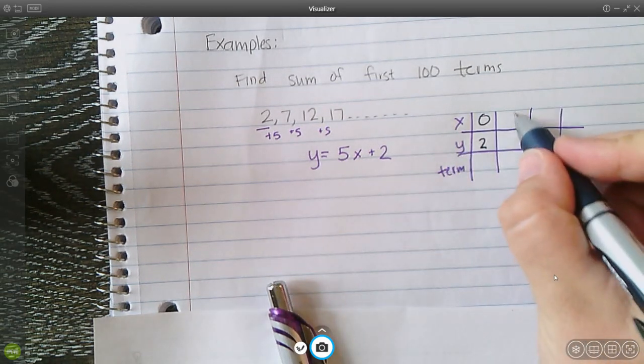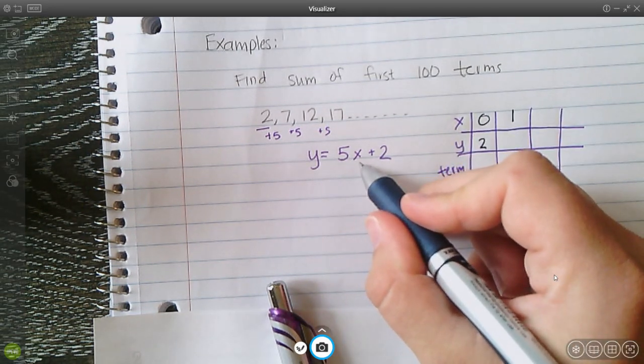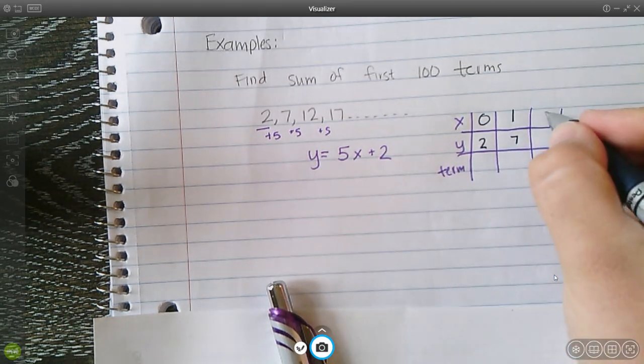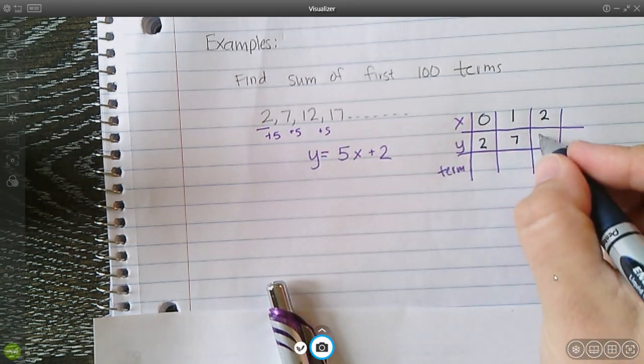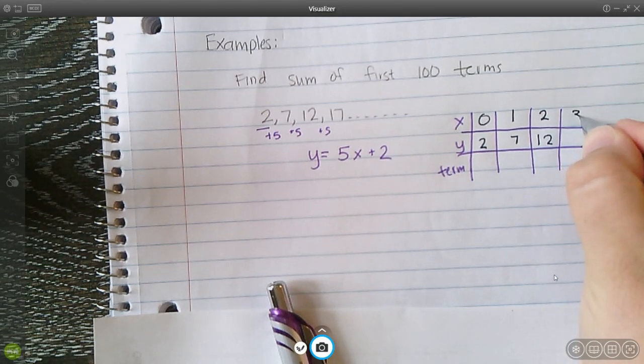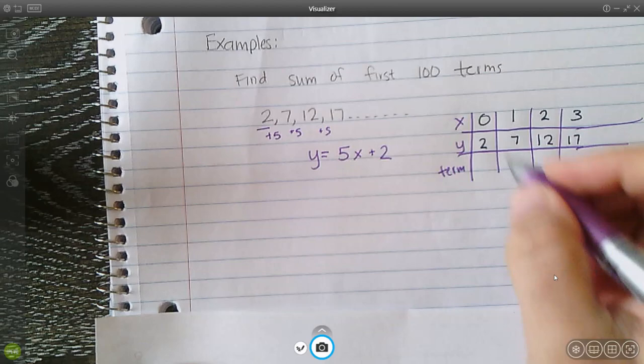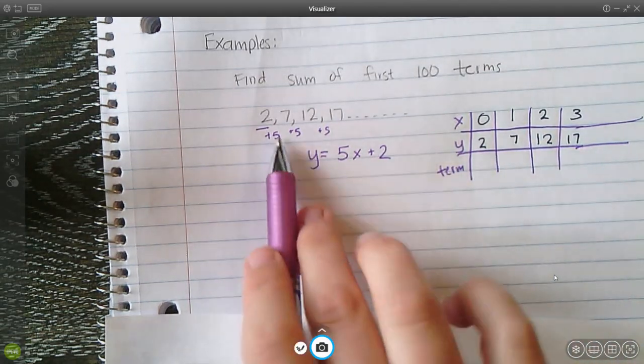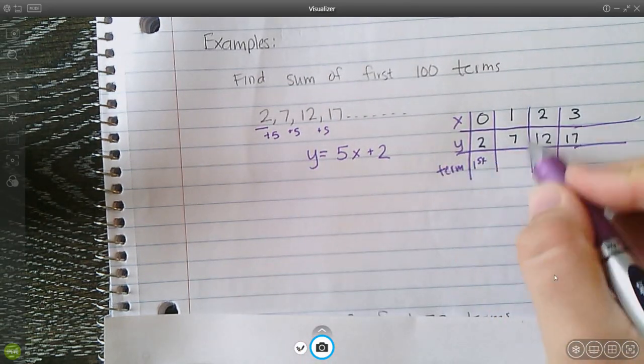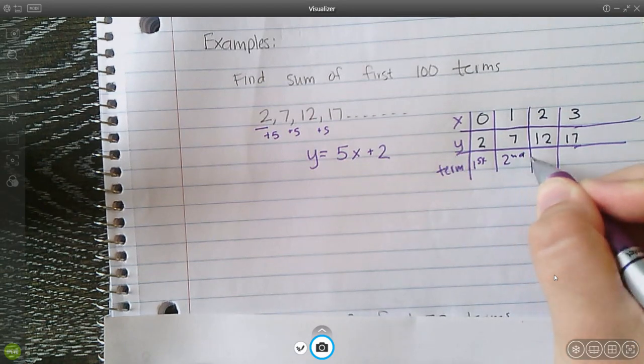If I plug in a 1, I get 5 times 1 is 5, plus 2, that's 7. If I plug in a 2, I'm probably going to get 12. If I plug in a 3, I'm going to get 17, and so on. If you look, 2 was our first term, 7 was our second term, and so on.